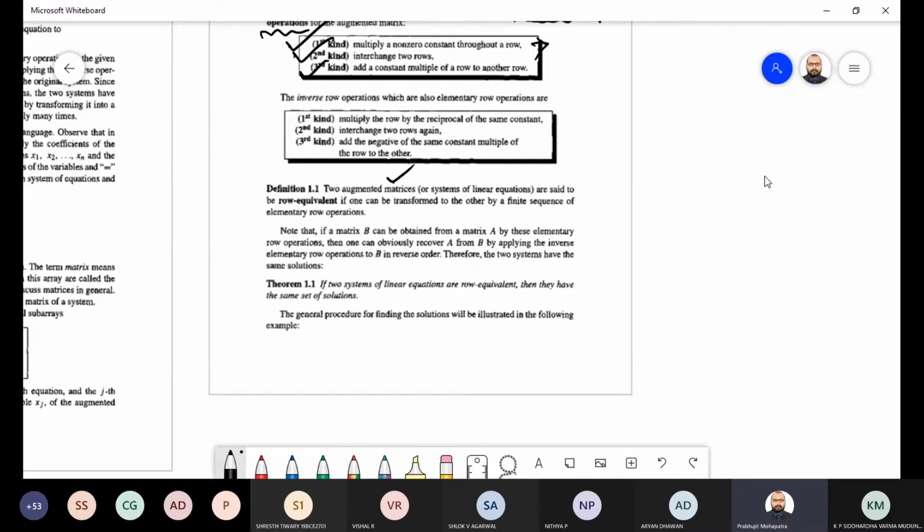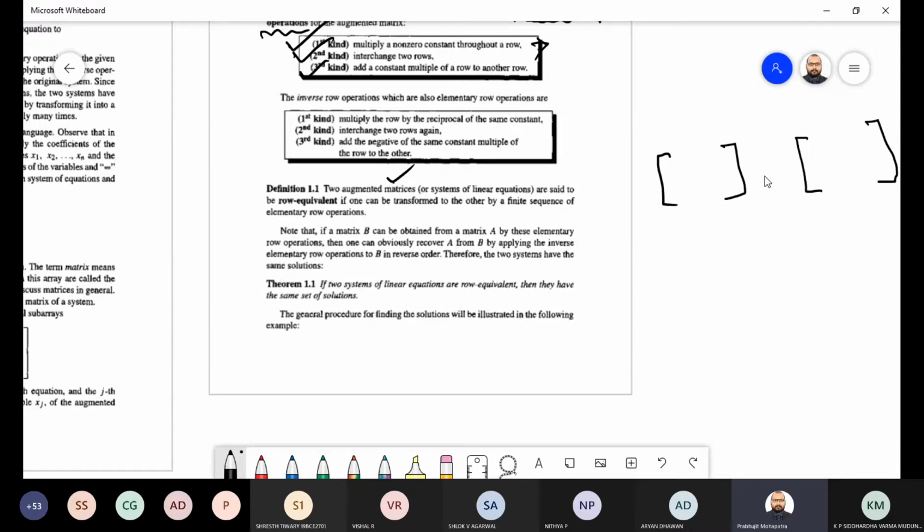One augmented matrix is a matrix representation of one system of equations, and another augmented matrix means another system of linear equations.